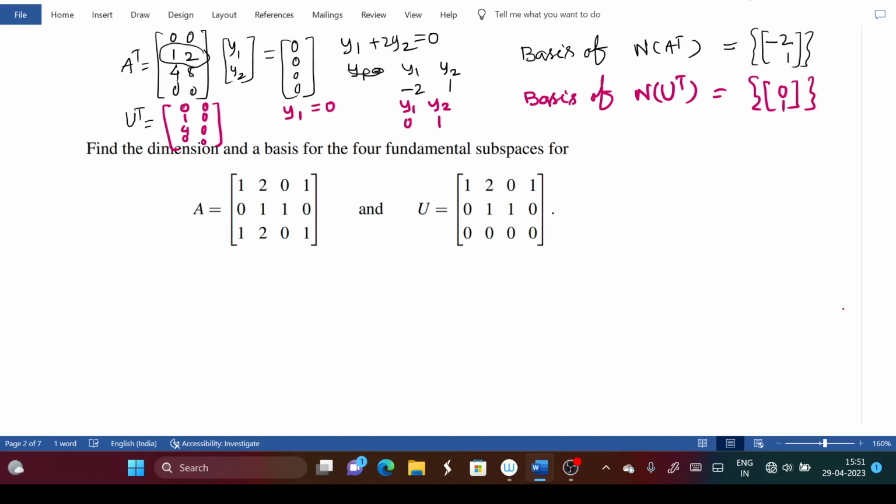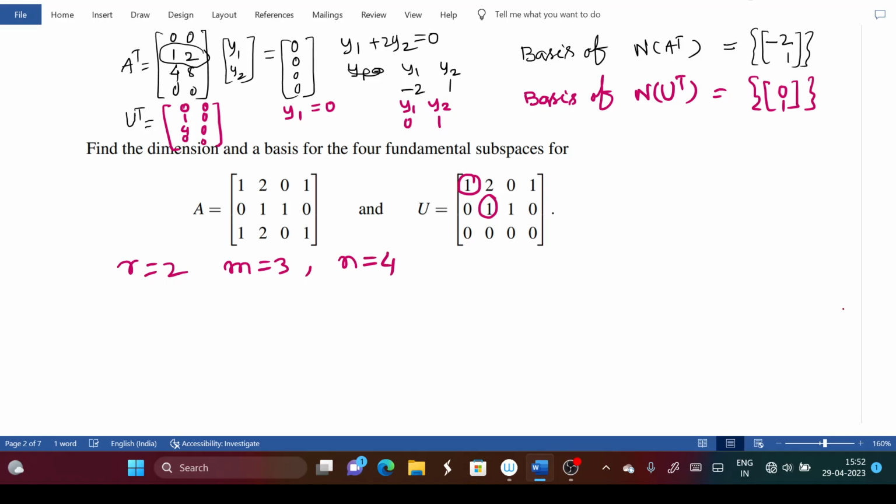So here, find the dimension and a basis for the four fundamental spaces. Again it is very much similar to that. So here is a pivot, here is a pivot. So R is equal to 2, M is equal to 3, N is equal to 4.